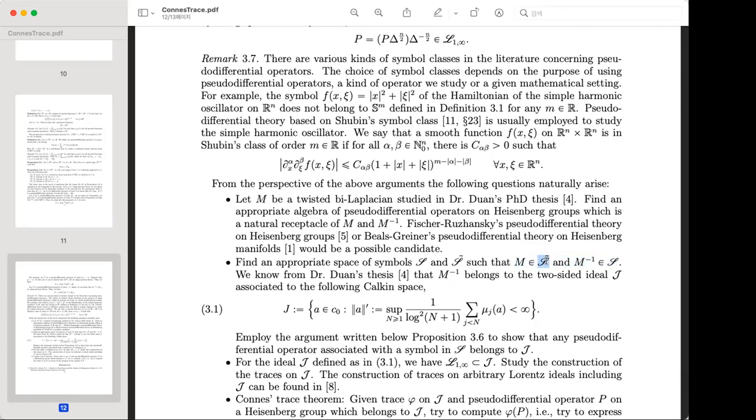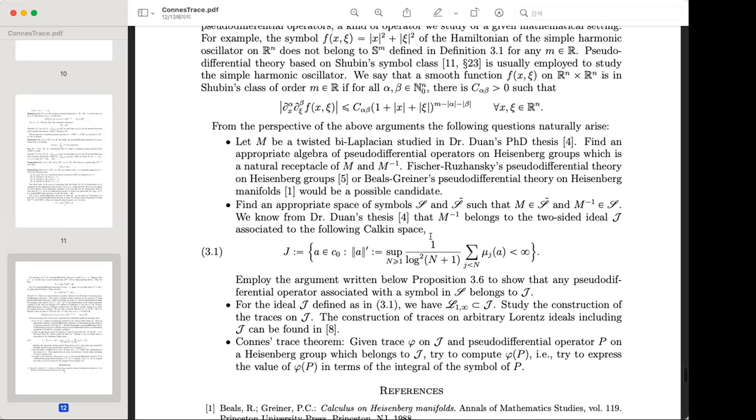As these are function spaces, not spaces of operators, we need to find the space of symbols such that this symbol space has the symbol of this operator, not the operator themselves. Sorry about this.